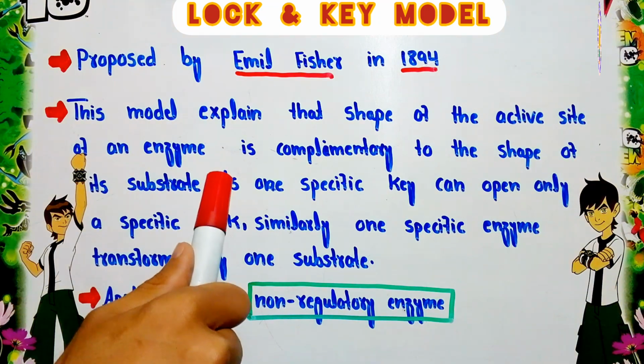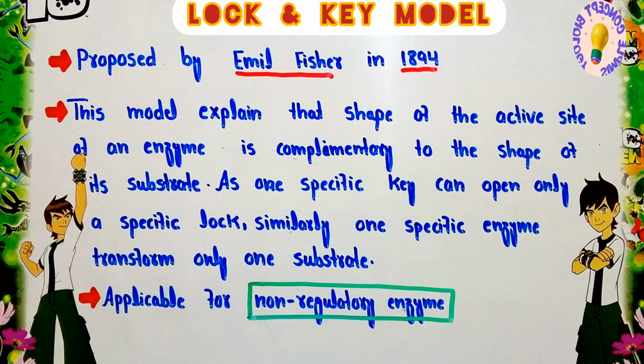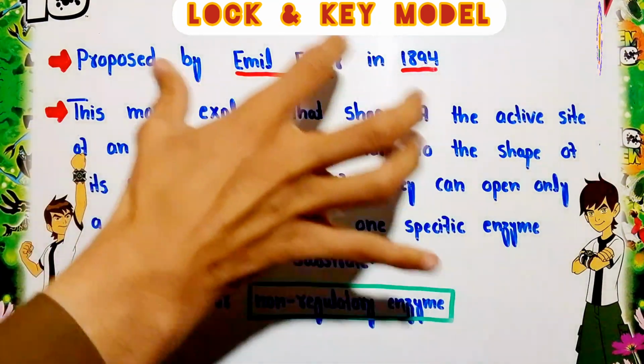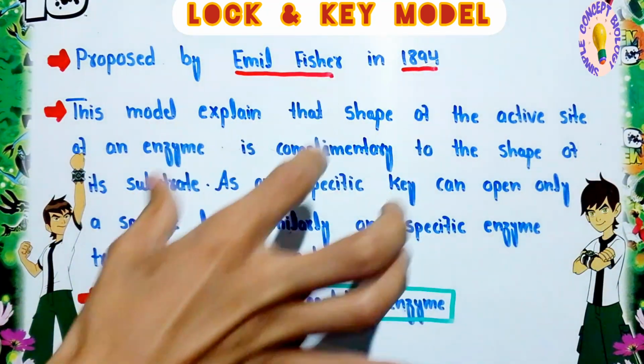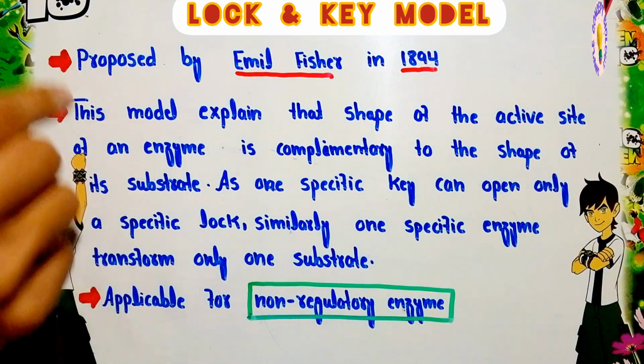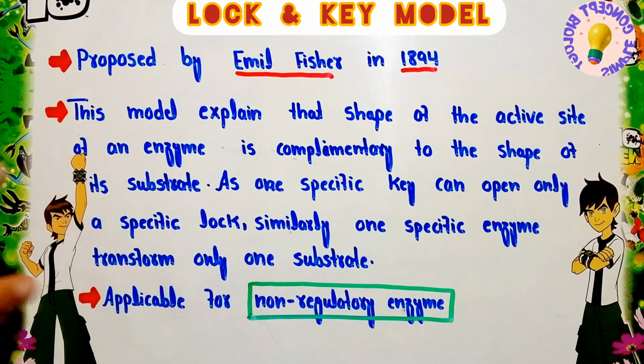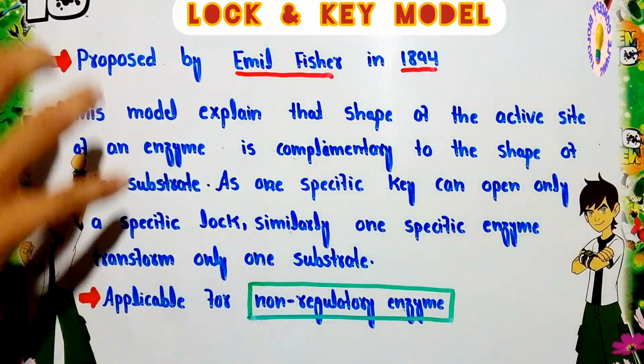The second statement is that one specific key can open only a specific lock. This is an example related to the lock and key, as a specific key is able to open only a specific lock. The enzyme and substrate act in this manner.